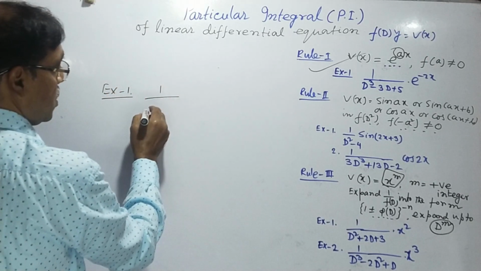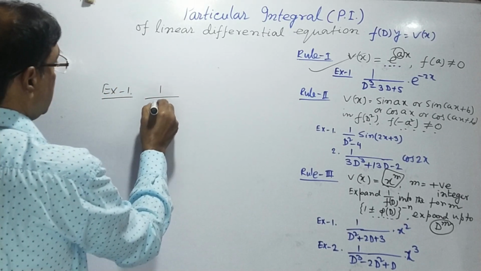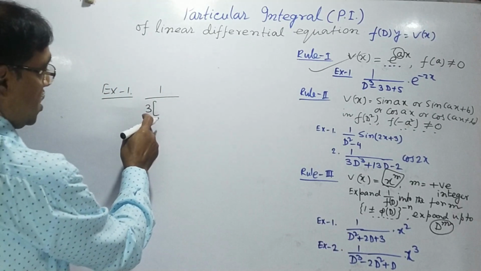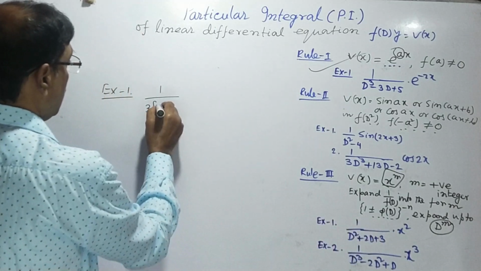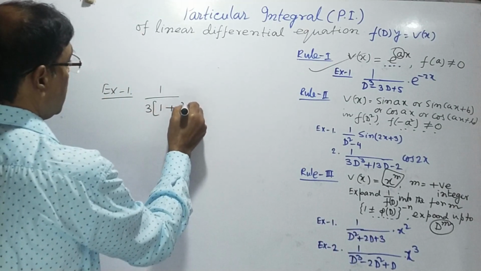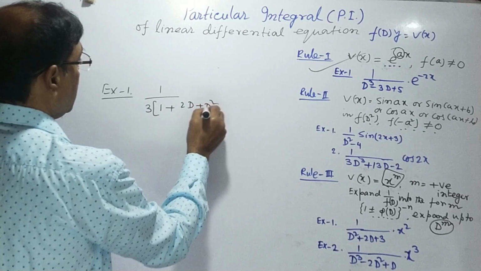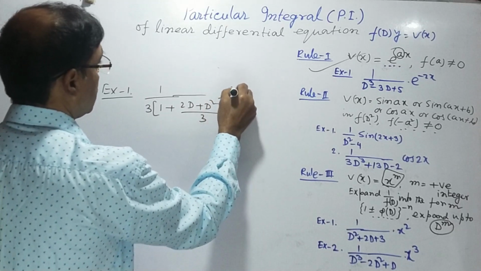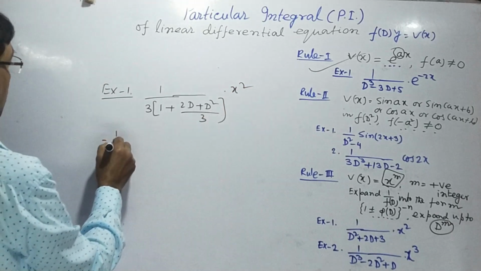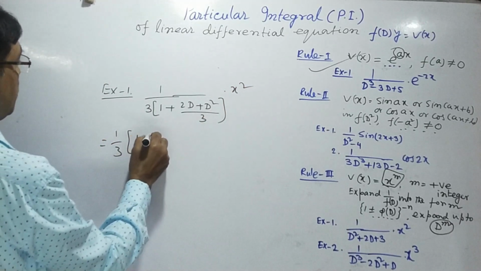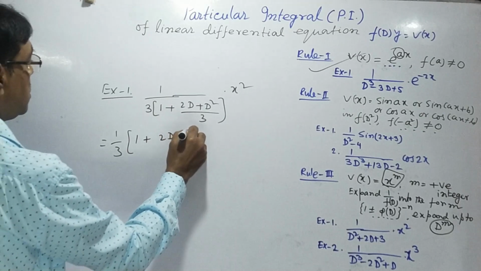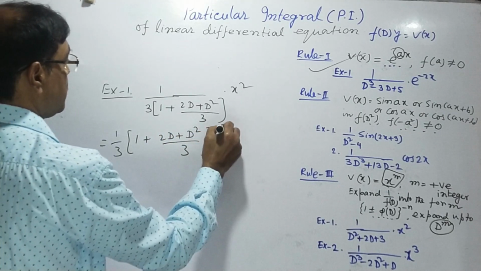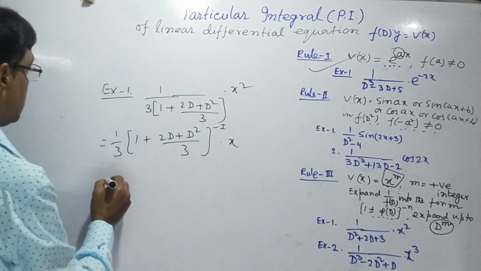1 by 3, if we take 3 common from the denominator, which will be of the form 1 plus 2D plus D square by 3 into x square, that is equals 1 by 3 into 1 plus 2D plus D square by 3, whole to the power minus 1, into x square.